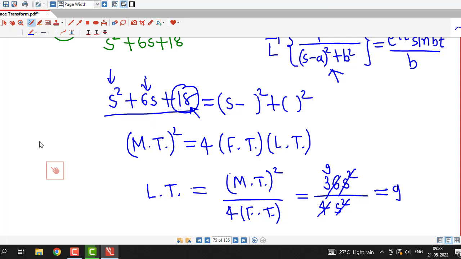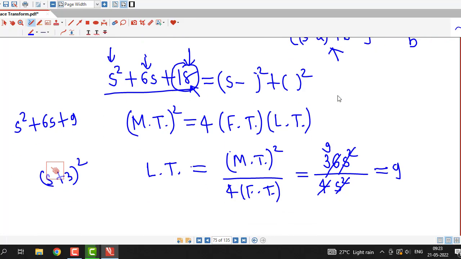So if last term was 9, then we can write this as square of s plus 3, s square plus 6s plus 9. So for that we can rearrange this. Instead of 18, we can write 9 plus 9, and we will be able to write our function in this form.